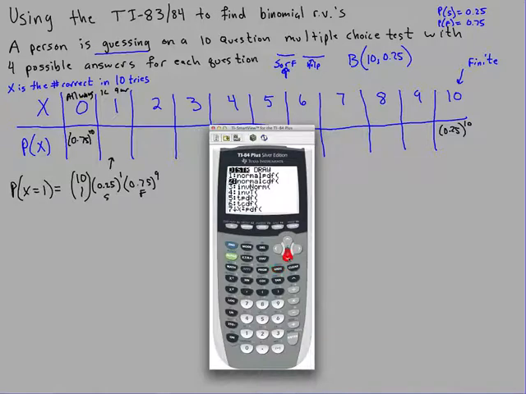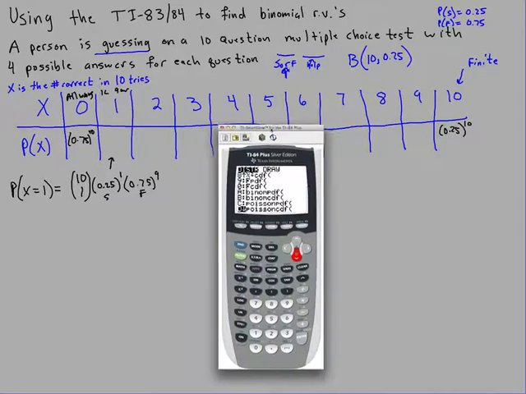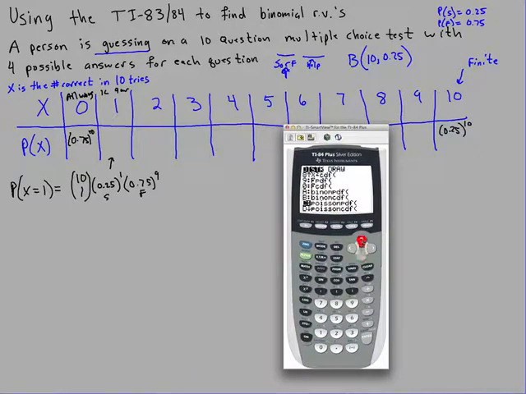Now we want to go down to our binomial. You're going to have some choices here. You have 2 choices, and we're going to actually want to pick the PDF. This is the probability distribution function.